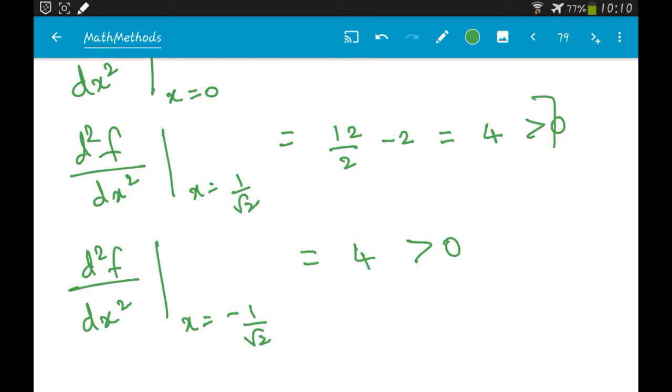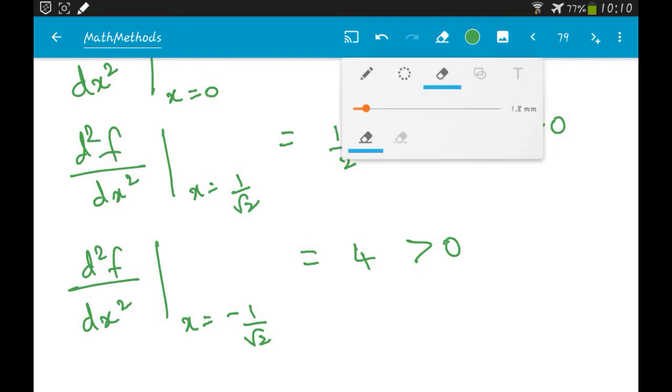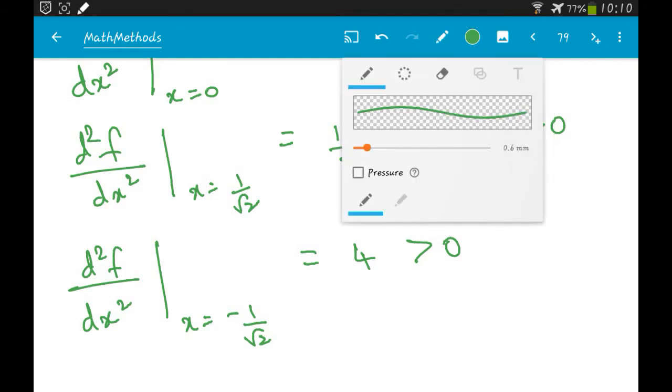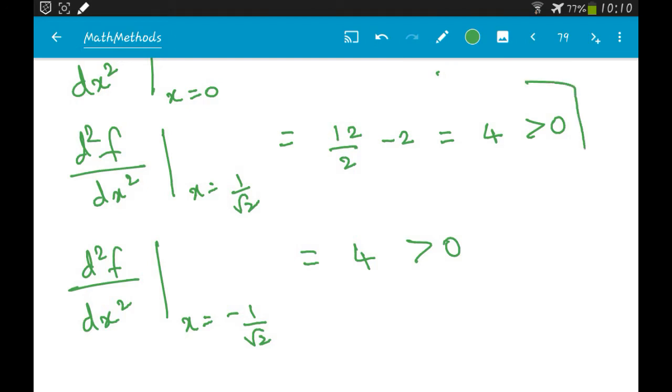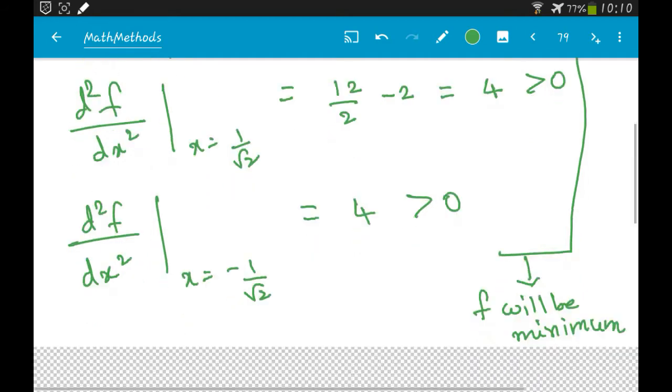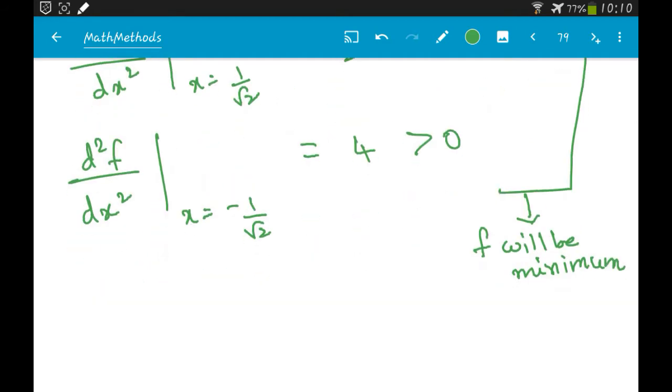So essentially this is the point which says that f will be minimum. So what is the point at which f will be minimum?